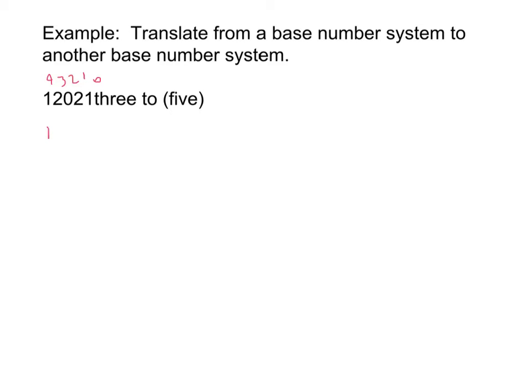So we have 1 times 3 to the 4th, plus 2 times 3 cubed, plus 0 times 3 squared, plus 1 times 3 to the 1st, plus 1 times 3 to the 0 power. Then we take out our calculator and figure out what this equals.